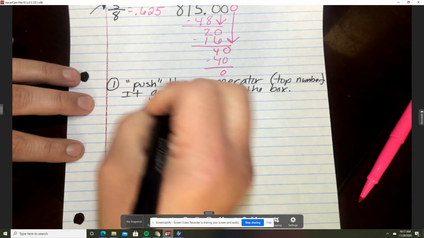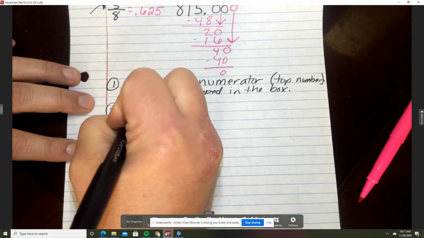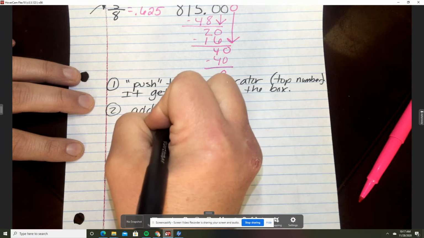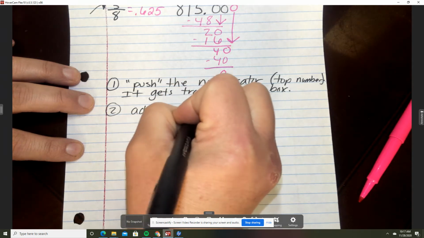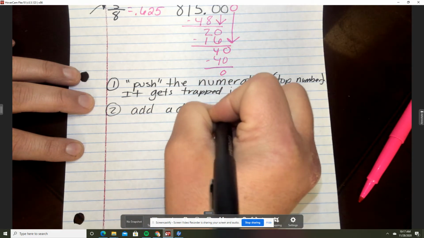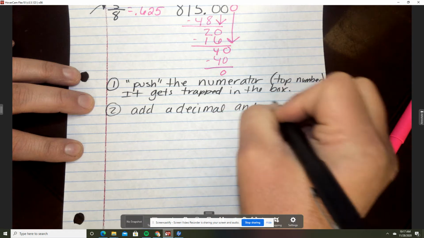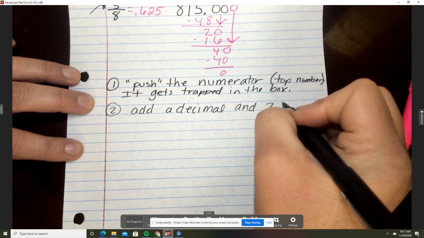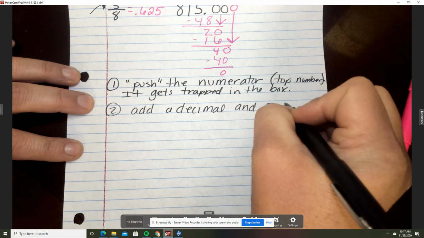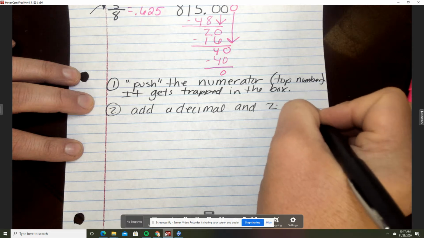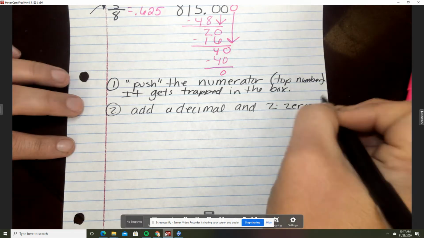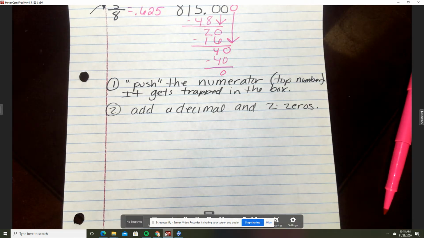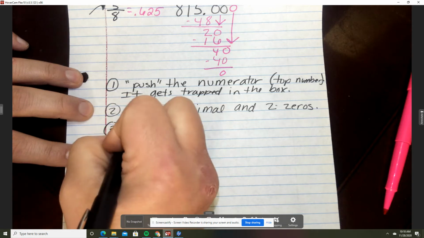And then you're going to add a decimal and 2 zeros. We'll put 2 because you're going to add 2 at first. And then if you need to add an additional 0, you can. And then I'll put don't have remainders.